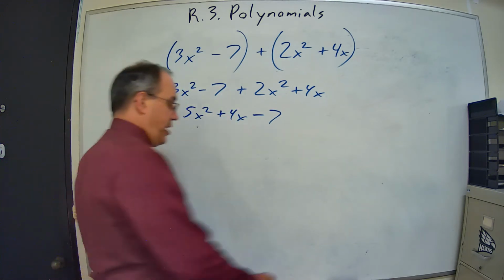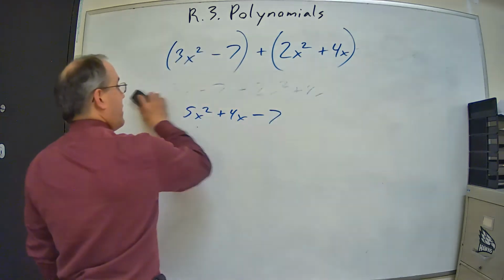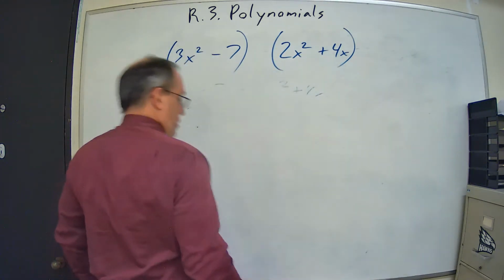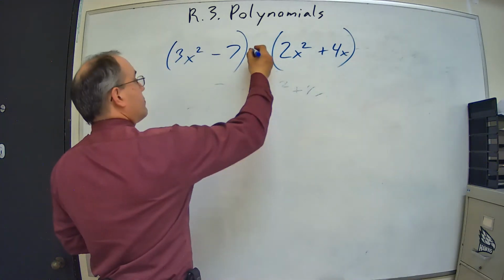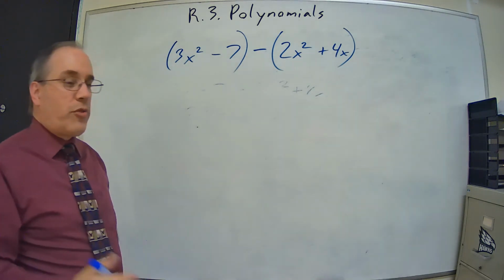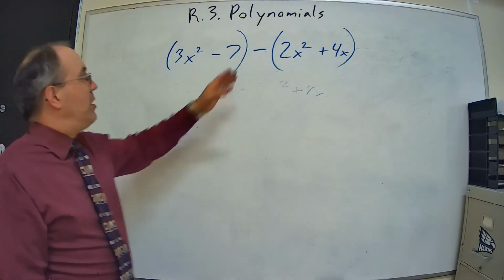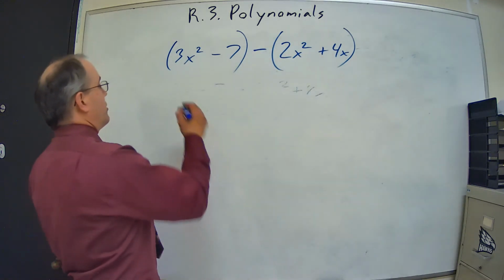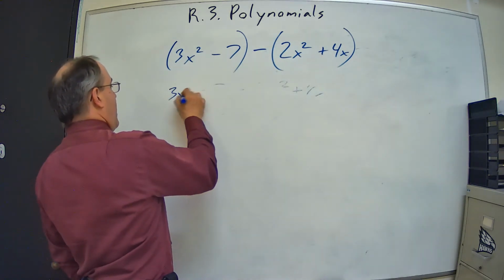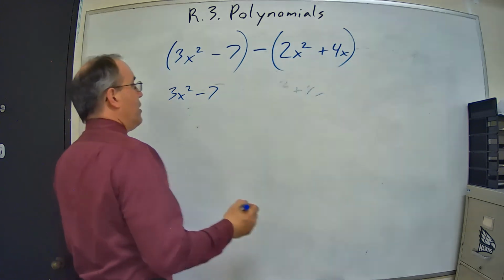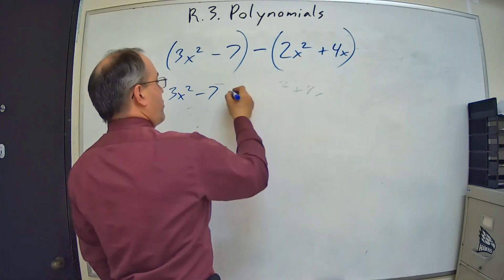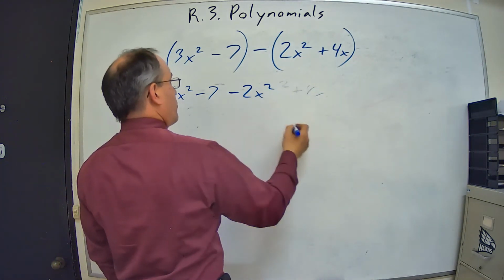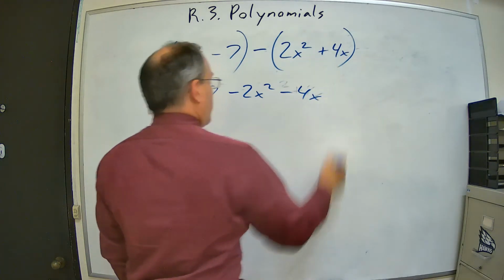Well, how does that change with subtraction? Let me get that out of there and make this subtraction. Well, if I'm subtracting polynomials, now I have to distribute this negative through the subtraction. So I still have 3x squared minus 7, but now I have to distribute it through, so I have minus 2x squared minus 4x.